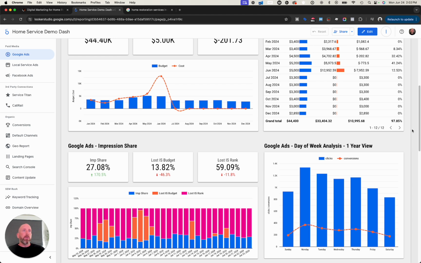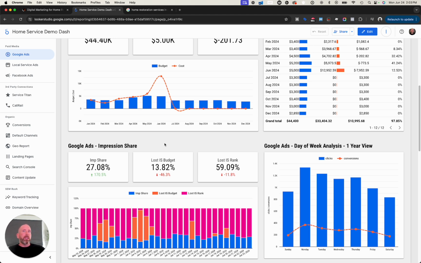The big one that you want to look at is budget, which is lost impression share by budget, meaning, hey, in this instance, 13% of the time our ad didn't show just because we didn't have enough budget set. So we needed to increase our budget, which is why you saw this big jump here. It was going after that impression share dip. You want to make sure you have enough money per day to do that. If you don't, it's okay, but know that you'll be limited. It's a daily budget.